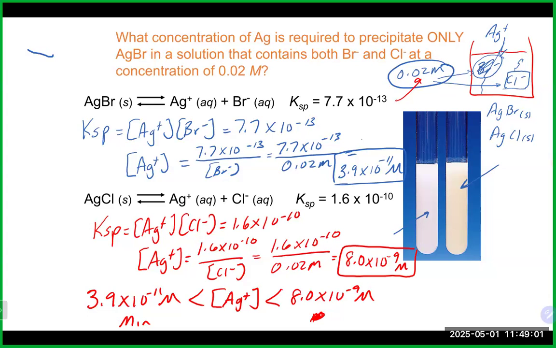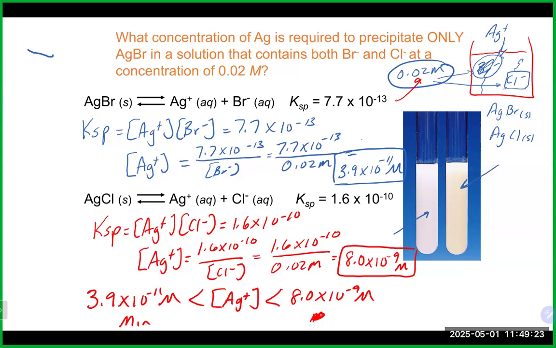So if you were actually doing this and you got your silver concentration to 3.9 times 10 to the minus 11, you should start seeing solid coming out of that beaker. And you can feel pretty confident at that level that the solid you're seeing is just the bromide coming out, because the concentration is not big enough to get the chloride to come out.